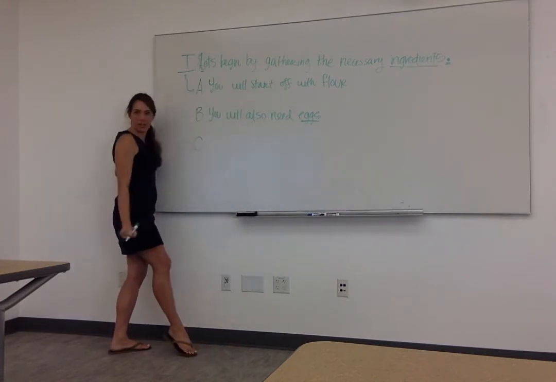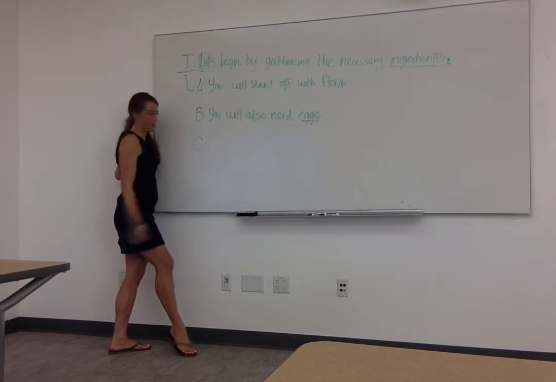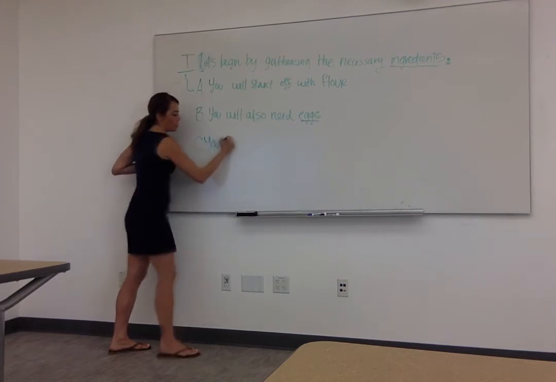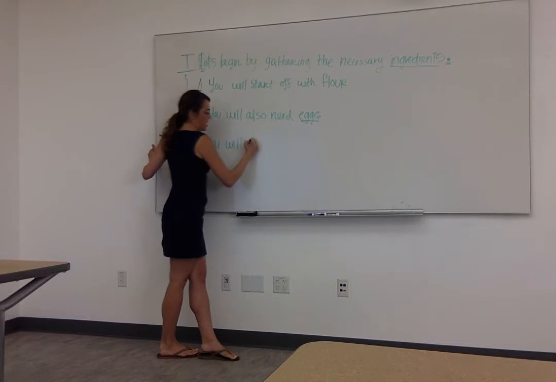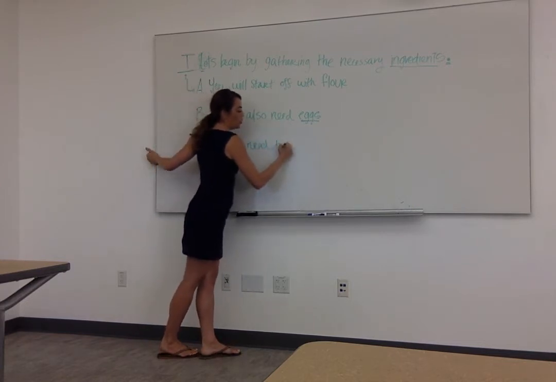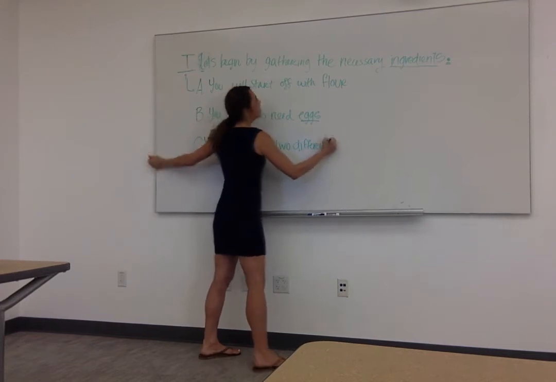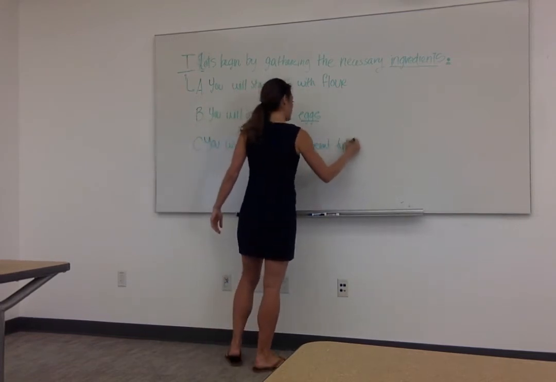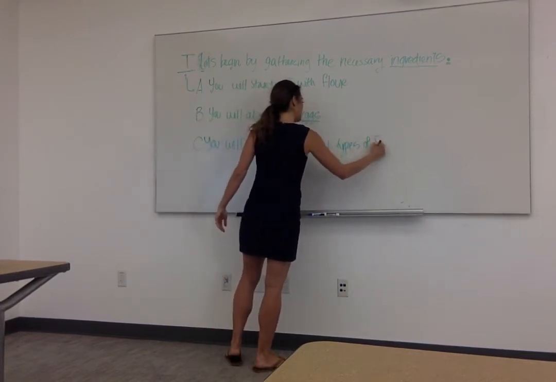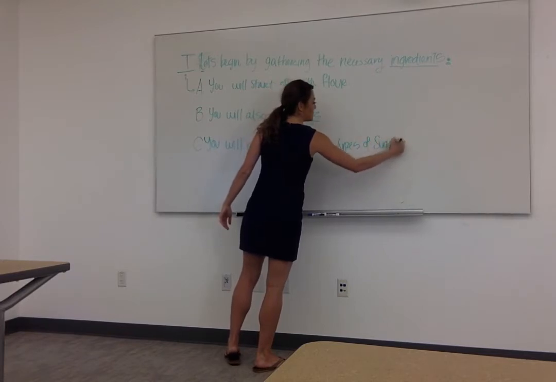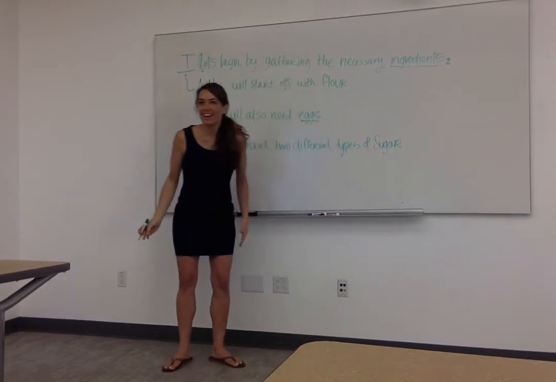Thus, we're starting a new ingredient altogether, and I am going to say to my audience, you will need 2 different types of sugar. What types of sugar do we need? Do you remember?